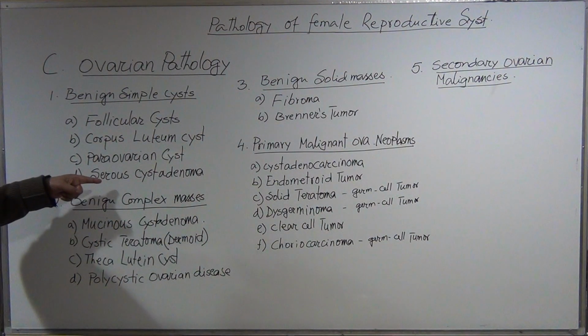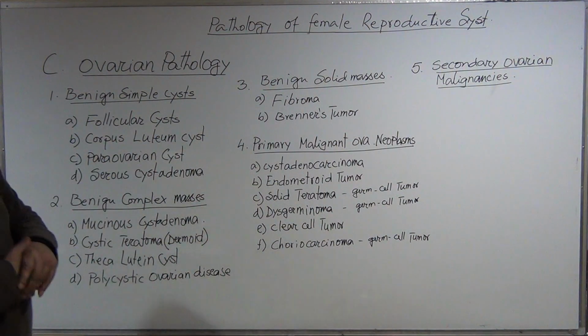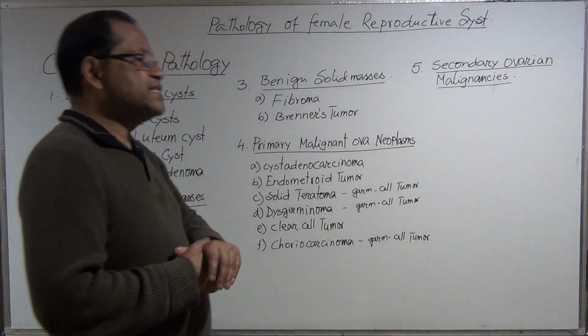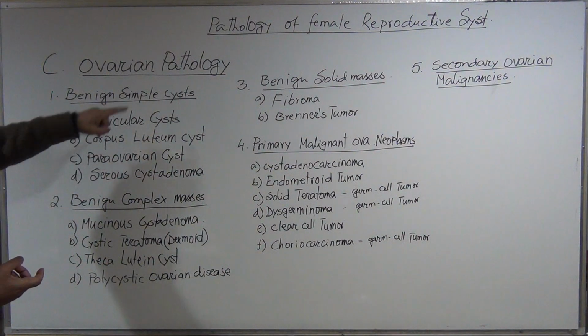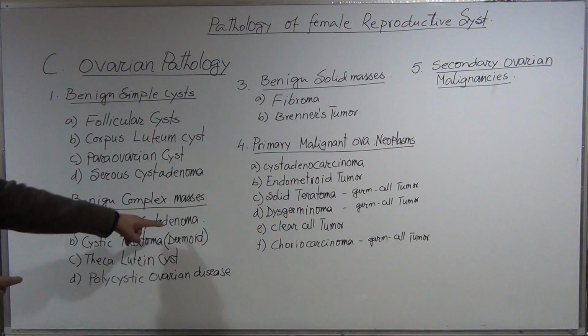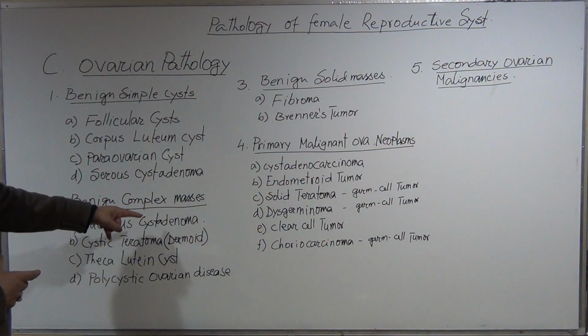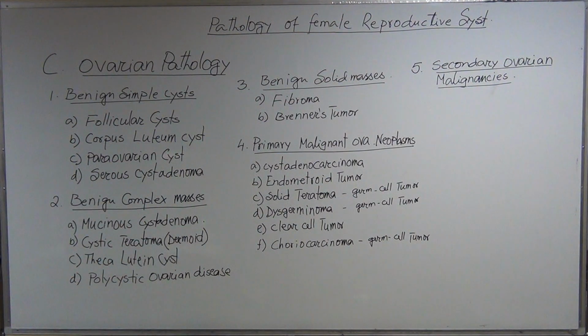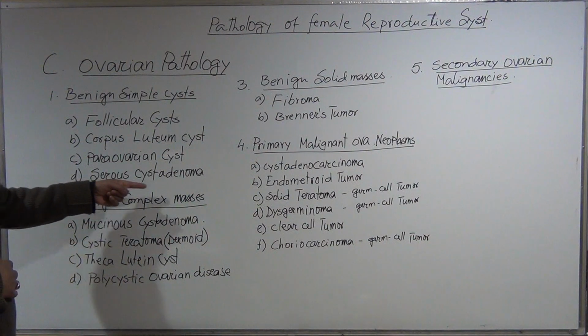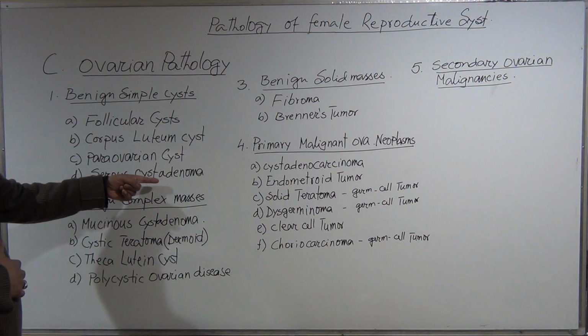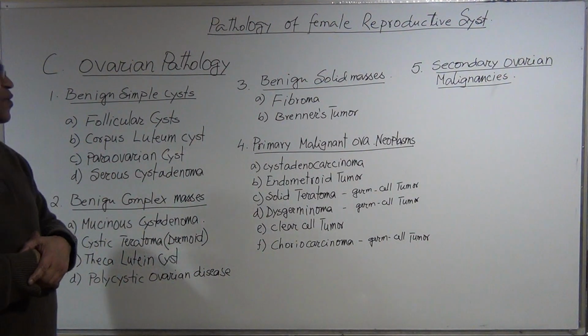Now, another one is the serous cyst adenoma. Serous cyst adenoma, usually it is in the group of simple, and the mucinous cyst adenoma belongs to the complex. Okay, so serous cyst adenoma is a cystic version of the serous adenoma.